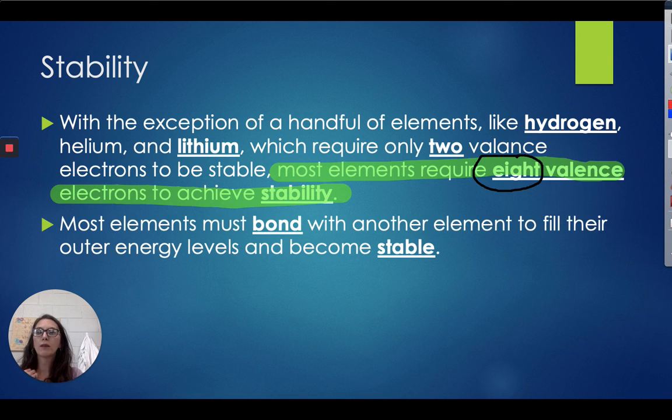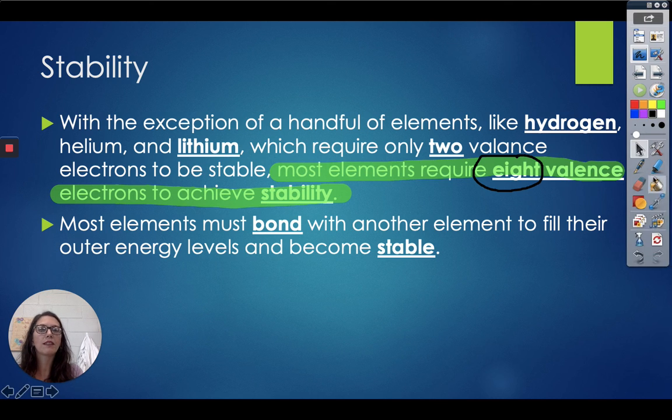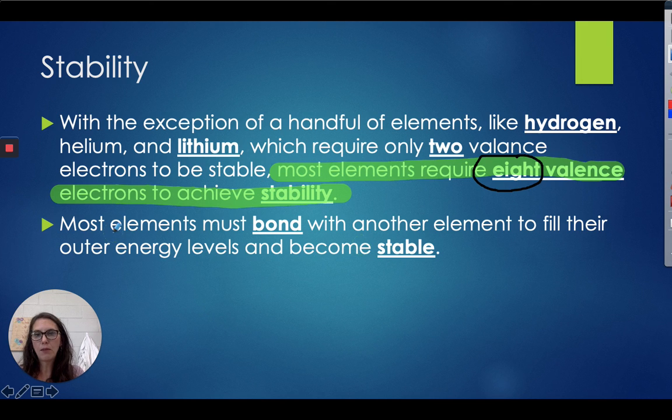So most elements are going to bond with other elements in order to fill those outer energy levels and become stable. So that's one of the things that they will do in order to reach that magic number of 8 and to become stable. So they bond with other elements to fill their outer energy level.